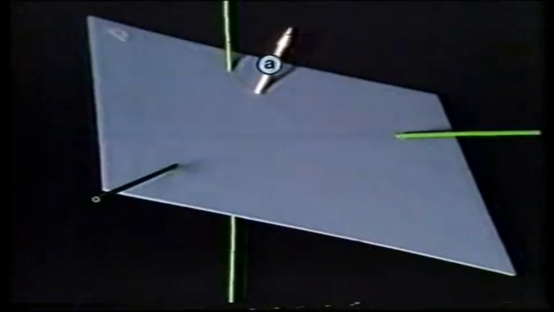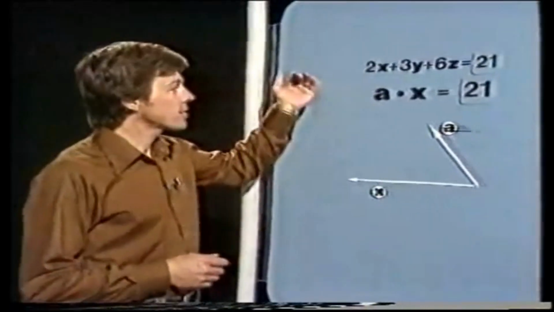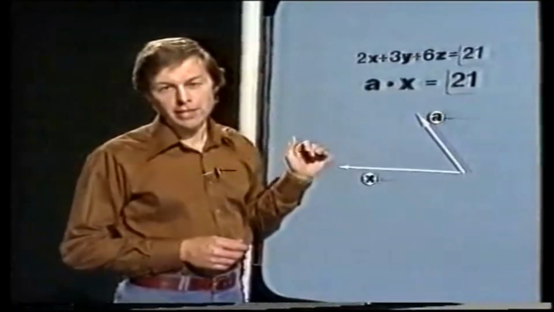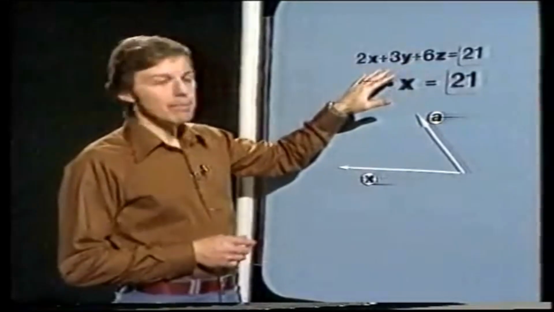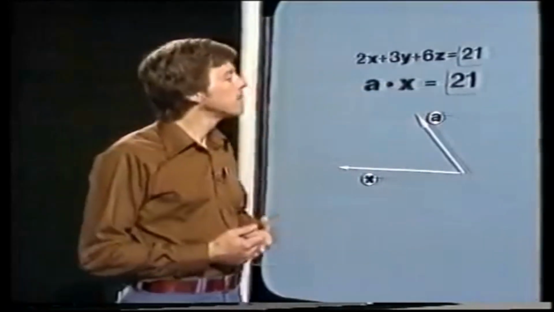Remember, the coefficient vector is 2, 3, 6, and P is the plane representing the solution set. Now, the easiest way to see the connection between the equation and the plane is, in fact, not to look at this problem, but to look at another one. It's quite a familiar sort of mathematical technique. To get some insight into a particular problem, you look at one that's closely connected, but simpler.